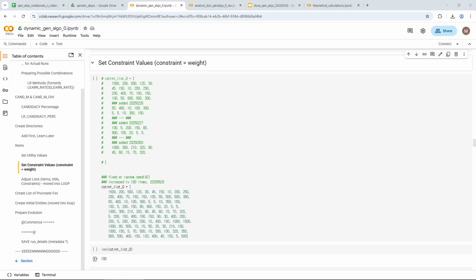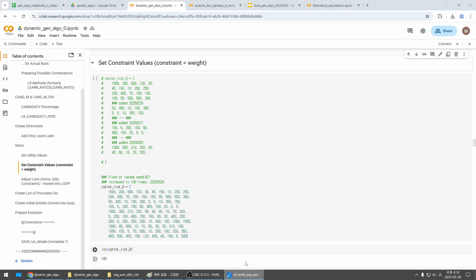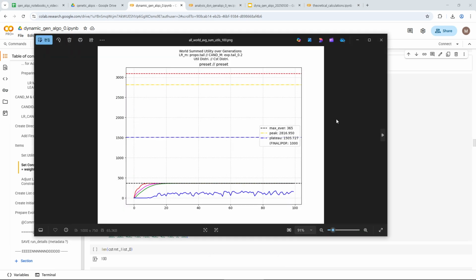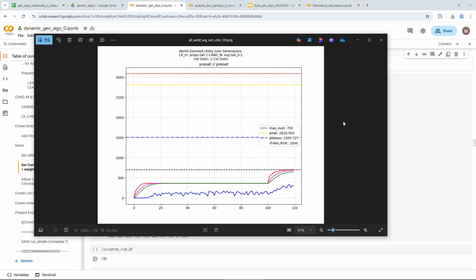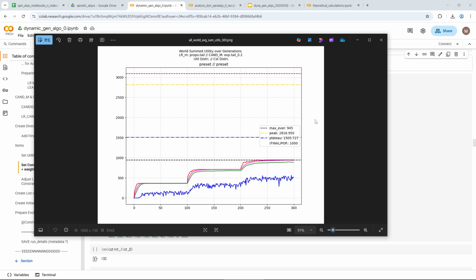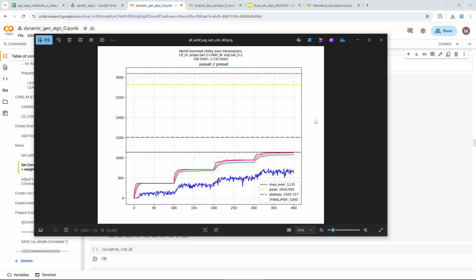At 200 generations we have hit the true ceiling, that is 710, and 365 after the first 100 generations. After 300 generations we have hit the true ceiling again, what is likely to be the true ceiling.